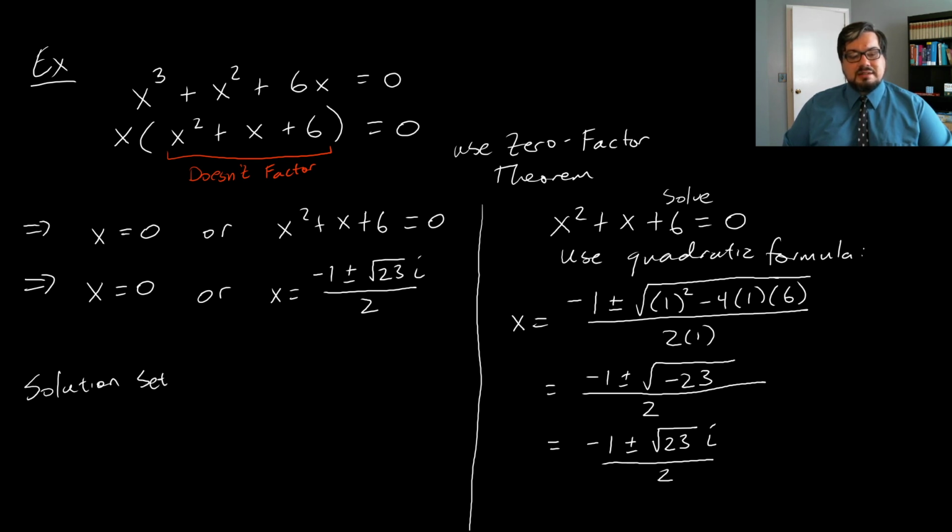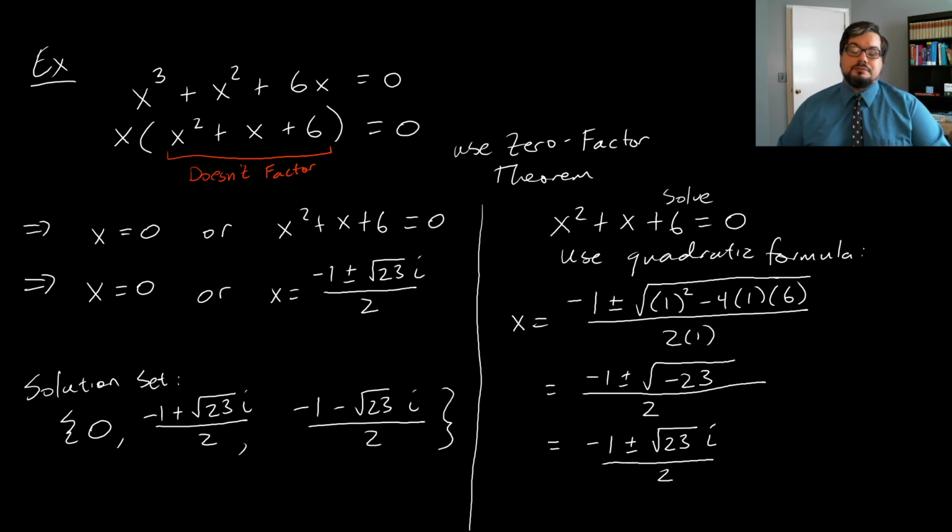The solution set consists of 0, negative 1 plus the square root of 23 i over 2, and negative 1 minus the square root of 23 i over 2. So in this case we have one real solution of 0, and two complex solutions, negative 1 plus square root of 23 i over 2, and negative 1 minus square root of 23 i over 2. And we're done. These are the solutions to the original problem.